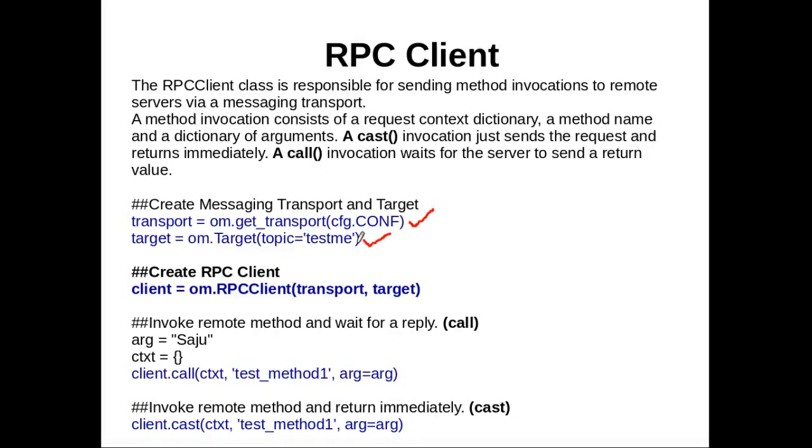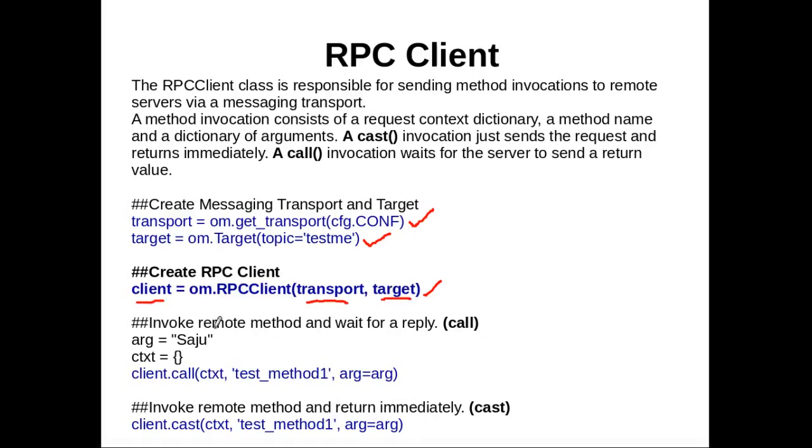If you want to send a message to a particular RPC server, you can specify the server here. Then here you can see the creation of the RPC client. You need to pass the transport and target. Then you will get a client object.